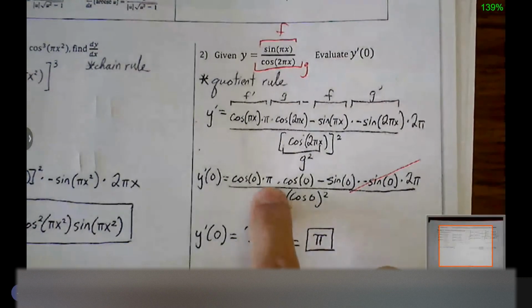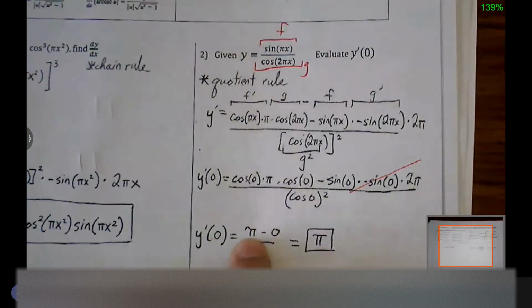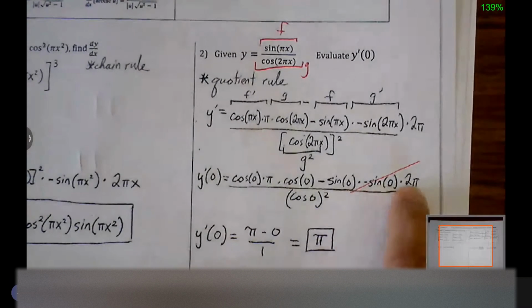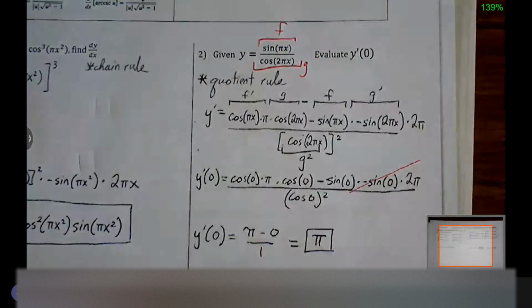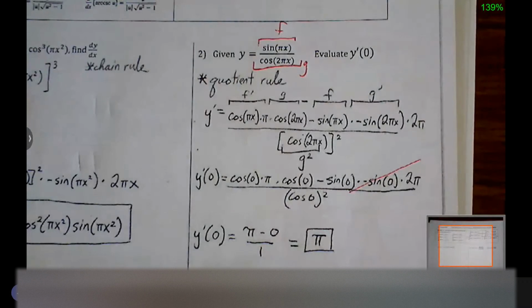So 1 times pi times 1 is just pi. 0 times 2 pi is just 0, all over 1 squared, which is 1. So the slope at x equals 0 is just pi. Okay, any questions?